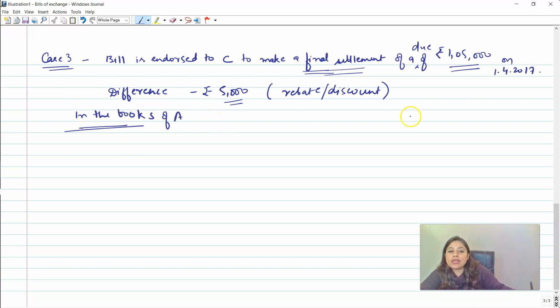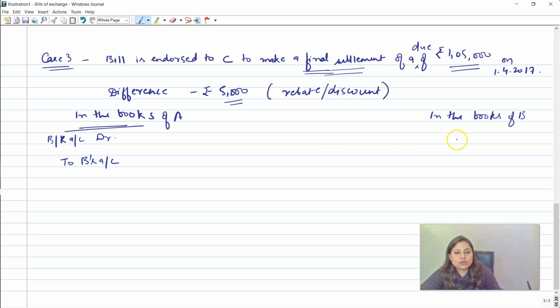So in the books of A and in the books of B, the initial entries would be passed like we discussed, that is, bills receivable account would be debited to B's account.